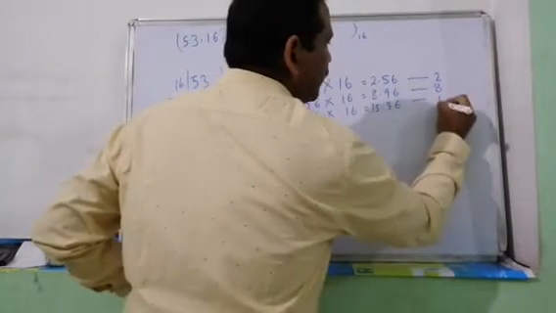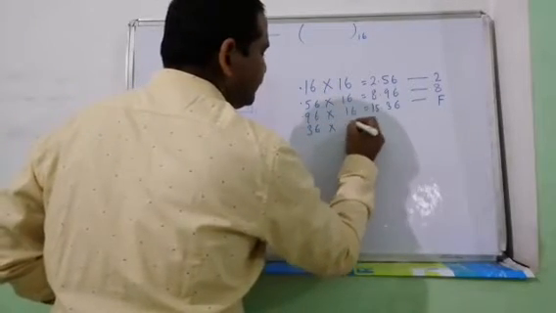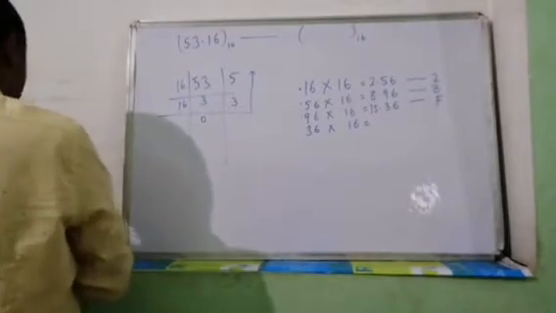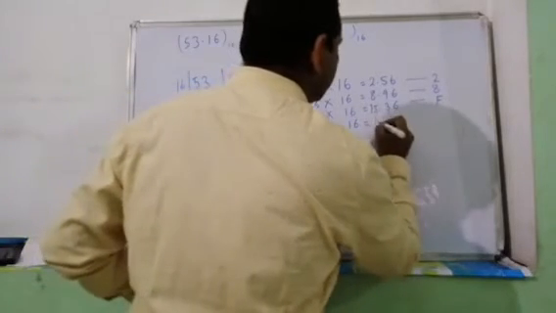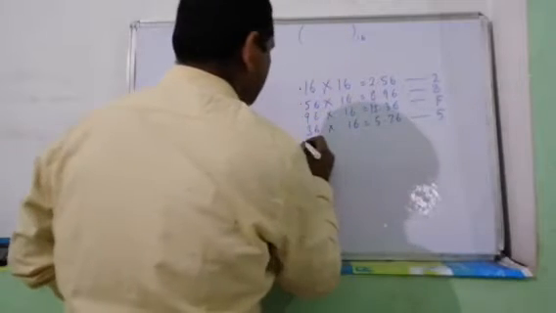So 15 we have to write F. 0.36 into 16 is 5.76, 5.